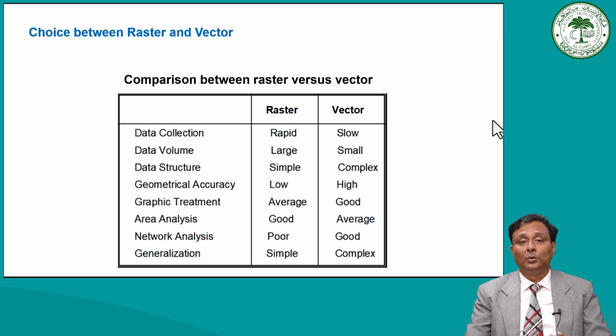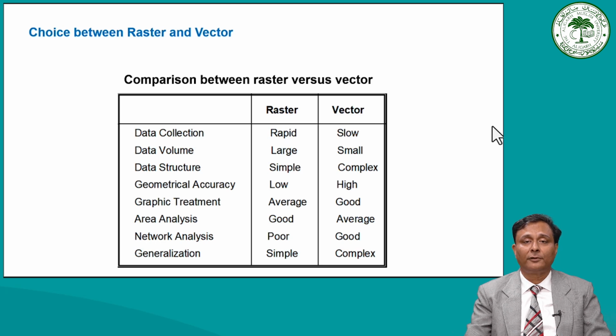Yes, to incorporate the ground realities into the vector data would be slow, and the data volume would be larger, but overall, for the purpose for which we are using spatial data, vector data would be the preferred model for spatial information.